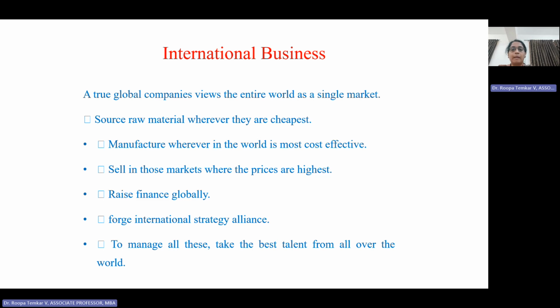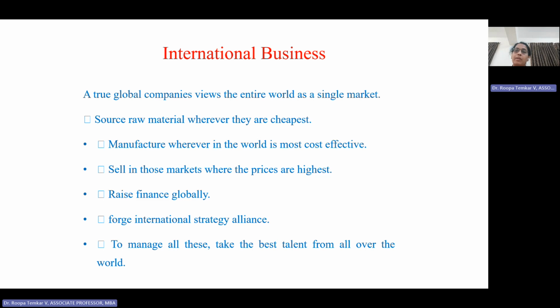And you can raise finance globally, forge international strategic alliances, and to manage all these, take the best talent from all over the world. You can hire people from various parts of the globe. So these are the different provisions we have in such businesses when we opt to do business internationally.